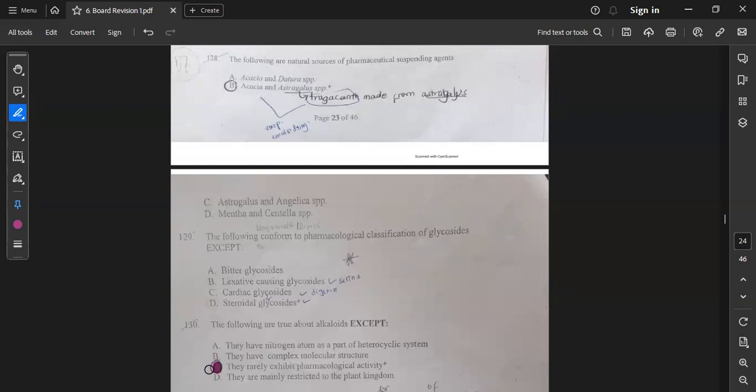This classification is based on the therapeutic nature of glycosides. Based on that, we have cardiac glycosides, for example digitalis. We have laxative glycosides, e.g. senna. We have anti-alpha glycosides, e.g. leucorides. And we have beta glycosides, quassia wood. So the one which is not there is steroidal.